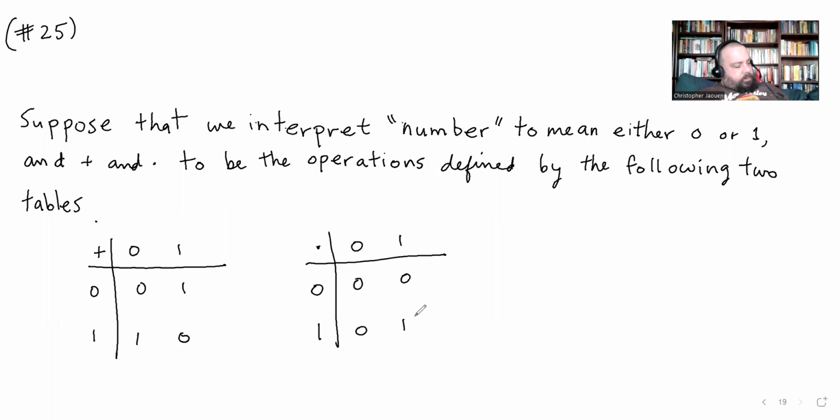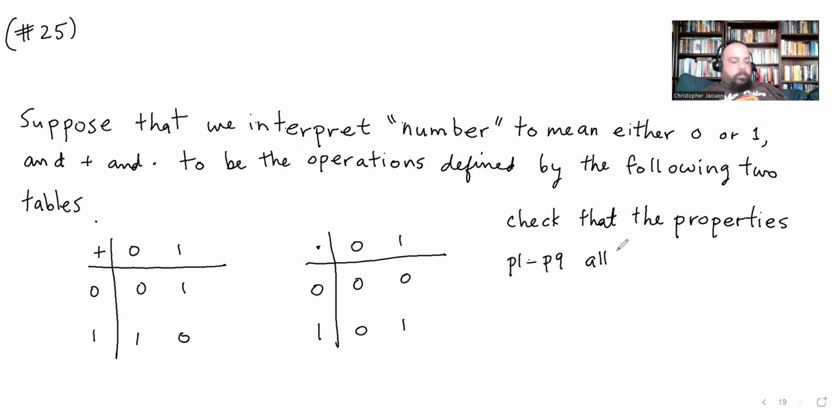And he wants us to check that the properties P1 through P9 all hold, even though 1 plus 1 is 0.